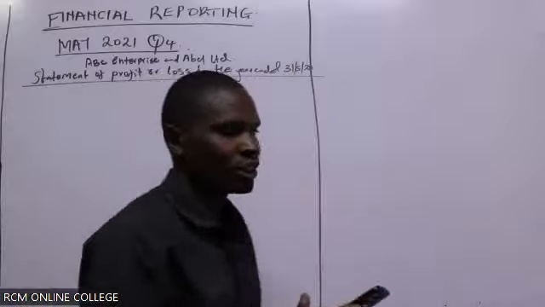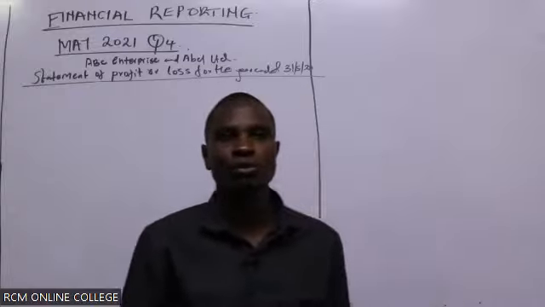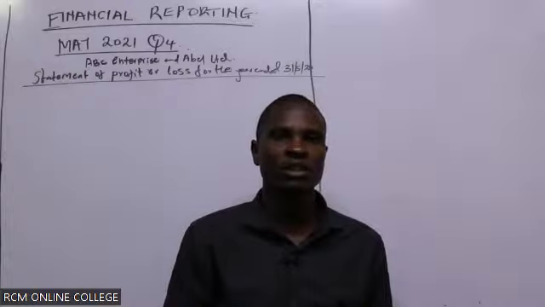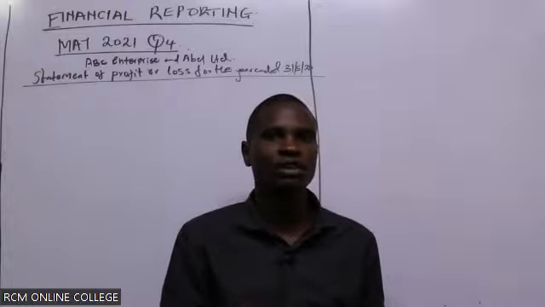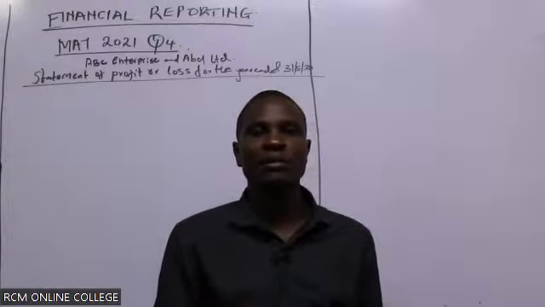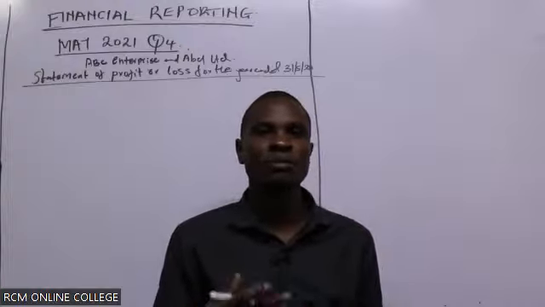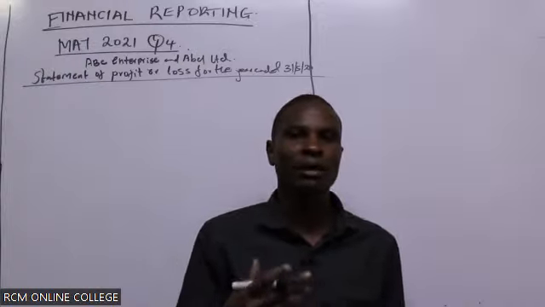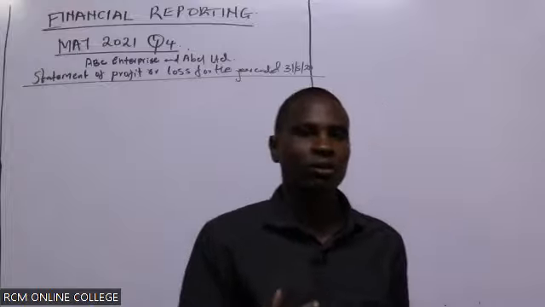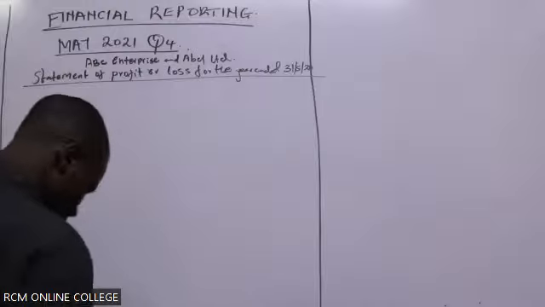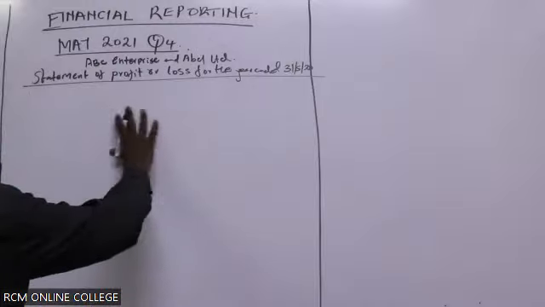And our objective is to get that net profit so that we can share with the 3 partners. Once we're done with getting the net profit, we will be able now to come up with the partners' capital account.